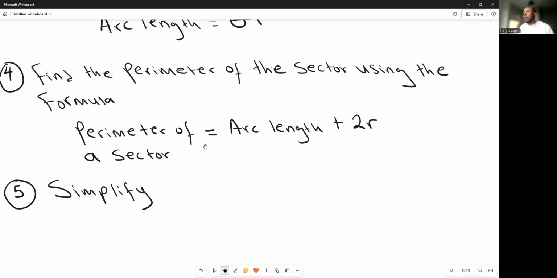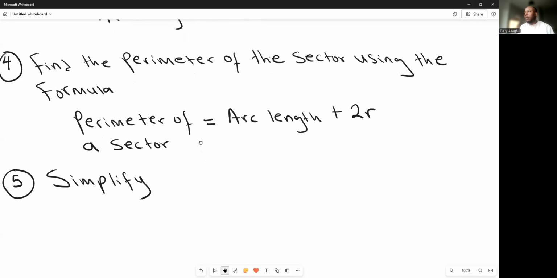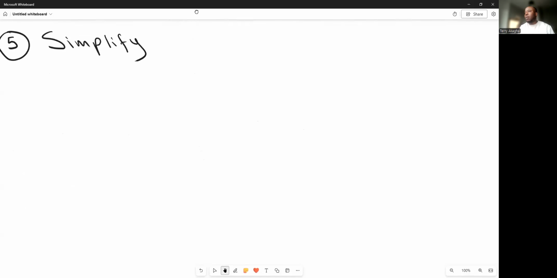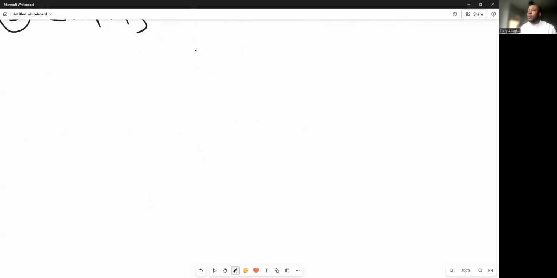So let's pick some examples now, all right? Let's say we have this example here. Number 1, we're told, find the perimeter of the shape below.